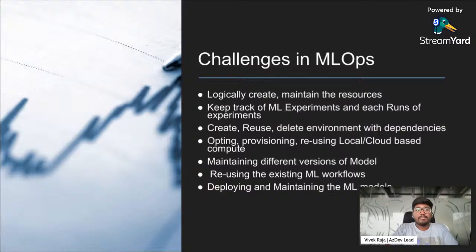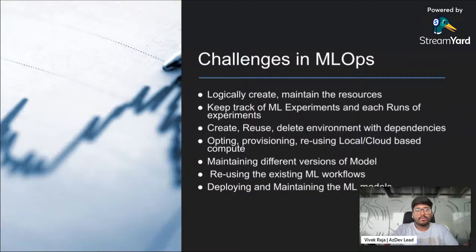This is what actually makes the differentiation between a project and a scalable solution: how do you maintain different types of resources? Every time you train, how do you maintain the versions of it? And how do you provision virtual machines? Like Palasala mentioned, you use virtual machines for your training and deployment.